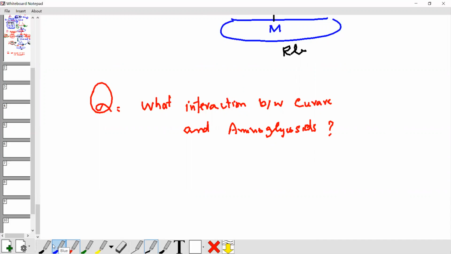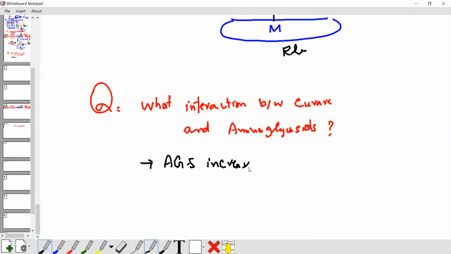What interaction? Aminoglycosides increase the effect of Curare. Understand?